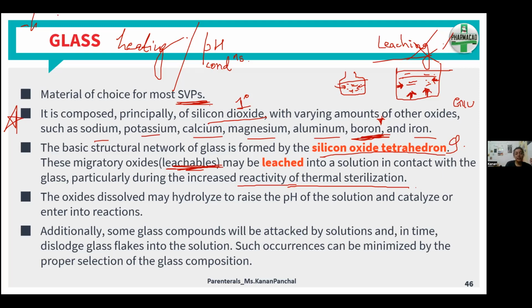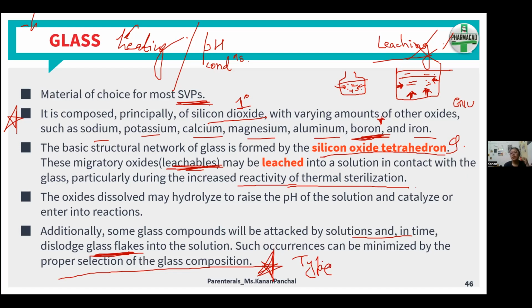Okay, and some glass compounds will be attacked by solution and in time dislodge the glass flakes. Okay, so ये flaking भी हो सकता है, मतलब तुम्हारा ग्लास ही flakes निकल रहा है, बहुत पतला पतला, okay, into the solution, and such occurrences can be minimized by the proper selection of glass composition. कि तुम कौन सा type का glass use कर रहे हो, okay, कोई additional coating चाहिए तुम्हें, is your formulation compatible?